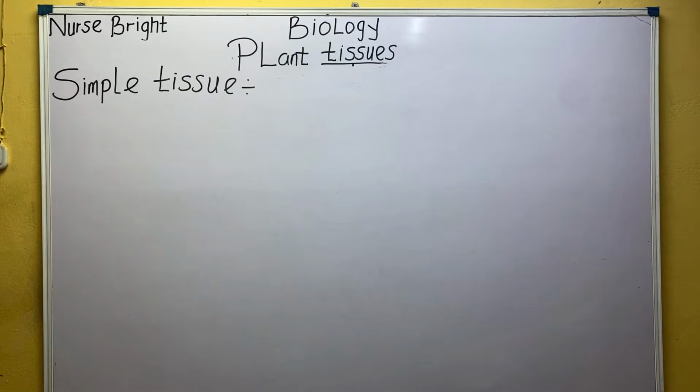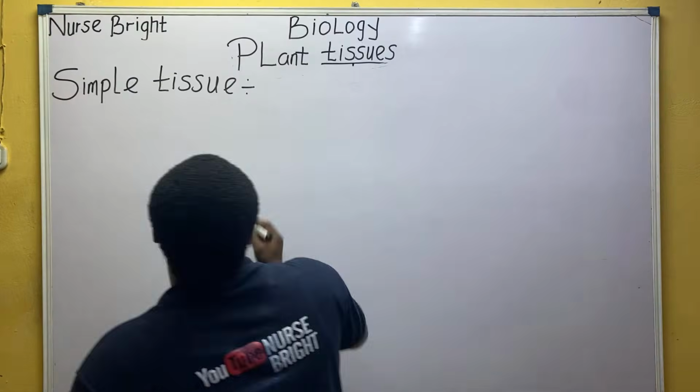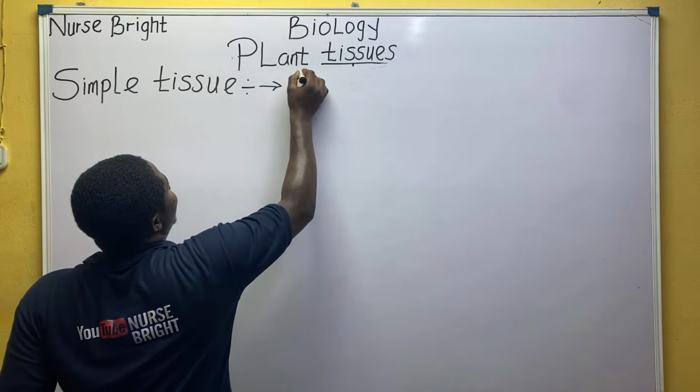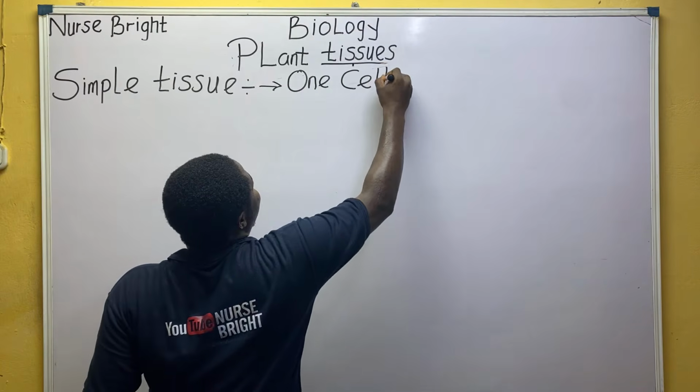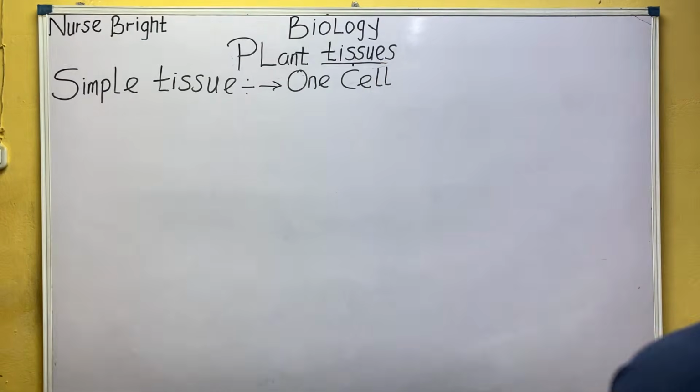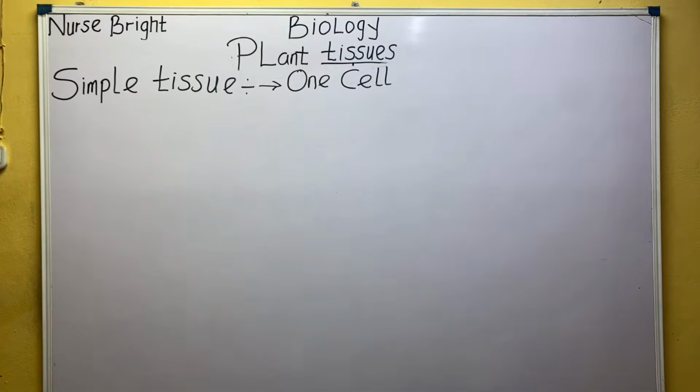I beg you, note what I just said. Simple tissues are plant tissues that are made up of how many cells? One cell. Are you listening? So what are these simple tissues? Let us talk about them right away so we can answer questions pertaining to all these.